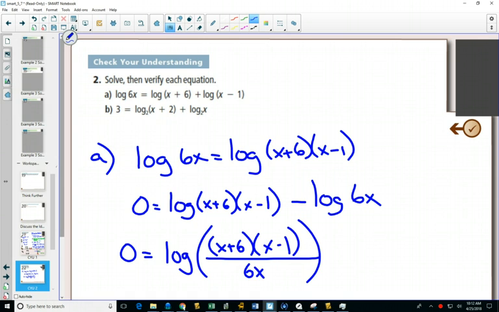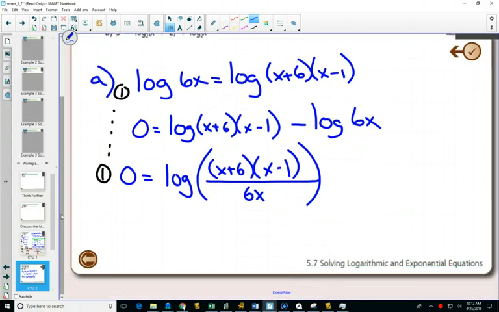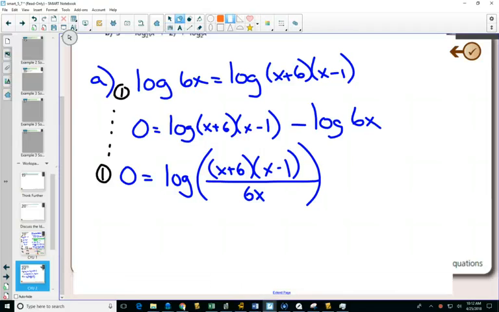We've got step 1 complete. So step 1 took us a little bit longer this time because we had 3 logarithms to start with rather than 2 logarithms. What's step 2? What do we do next?